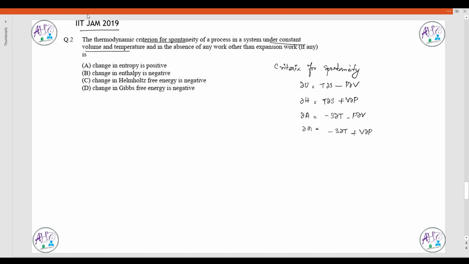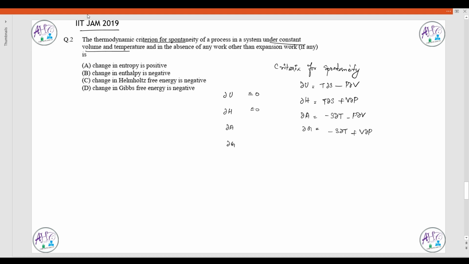Let's take your constant. The change in internal energy, change in enthalpy, change in Helmholtz energy, change in Gibbs energy will all be less than or equal to 0.